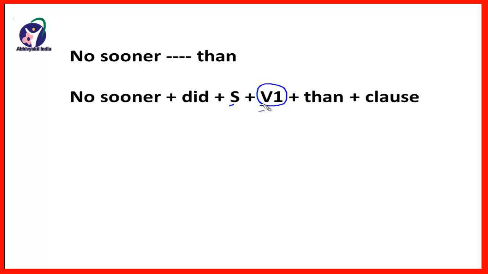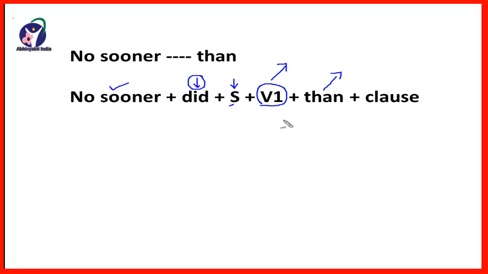Now what you have to check? If the sentence is beginning with no sooner, check whether the auxiliary verb is before the subject or not. Then if it is did, check whether the form of the verb is V1 or not, and then check whether it is THAN or not, plus clause.